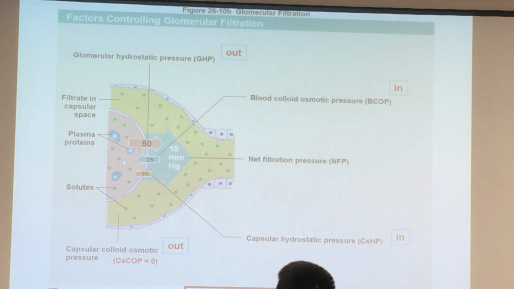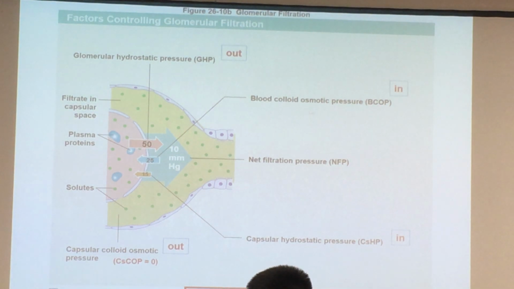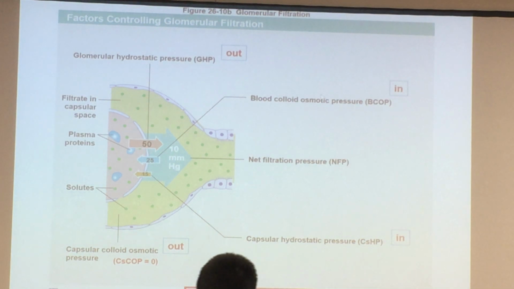And the other factor is protein. Protein works in the opposite way. Protein in the blood will attract the fluid coming in, and we call it osmotic pressure, or colloid osmotic pressure. Just keep in mind, osmotic pressure means attract the fluid coming in.